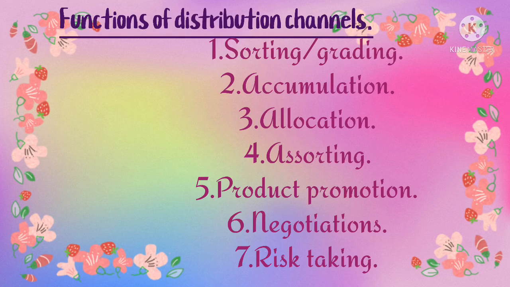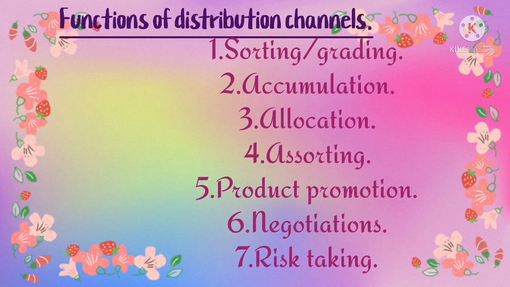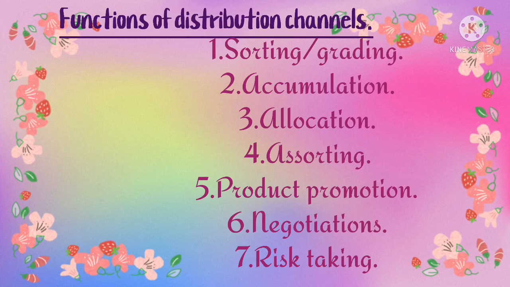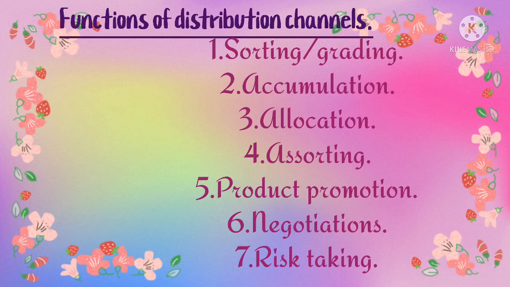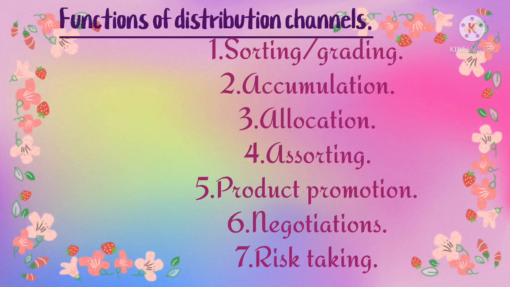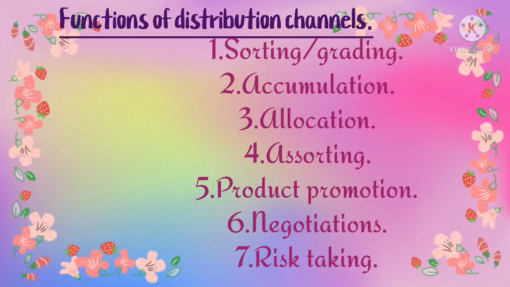The first one is sorting. Sorting or grading means middlemen procure goods from various manufacturers, and then they do sorting, that is, repack them according to quality, size, or product.